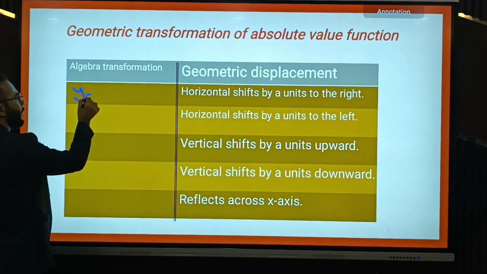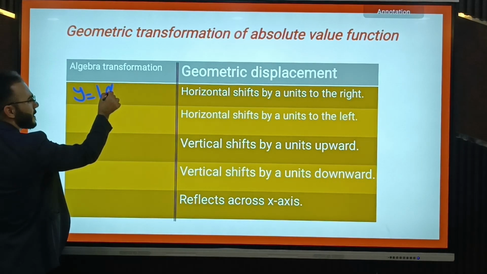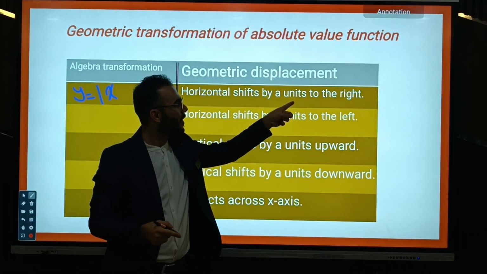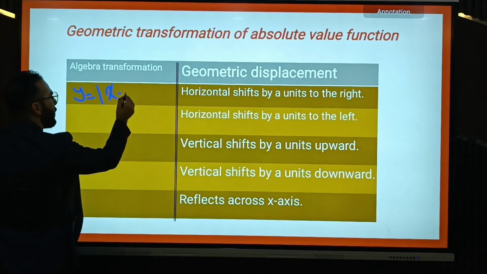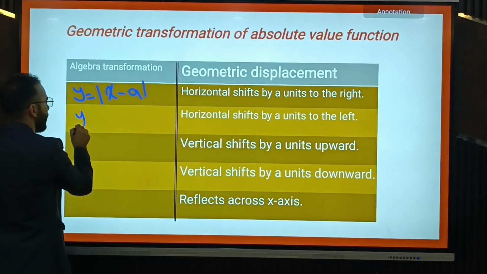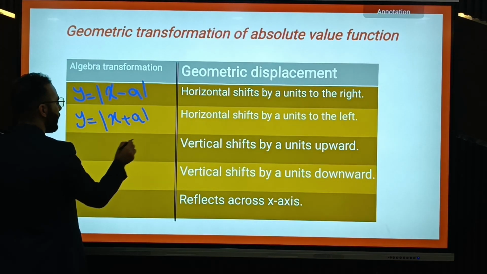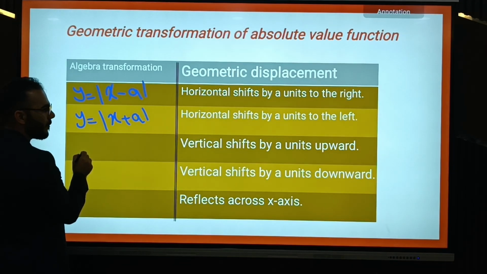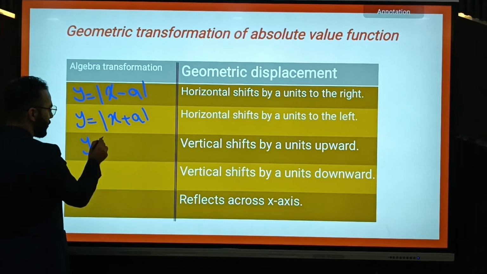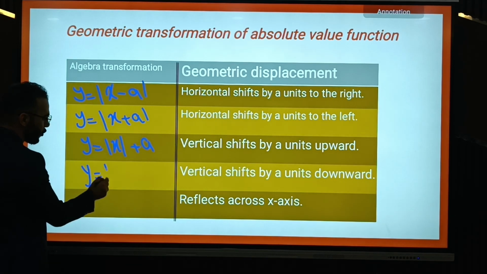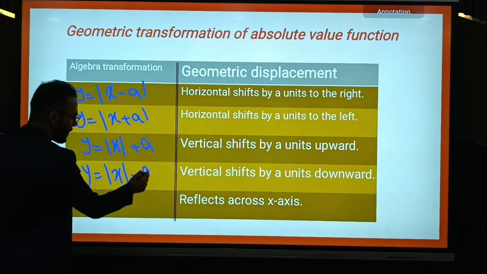y equal to absolute value of x. Look, horizontally shifted by a unit to the right: x minus a. Horizontally to the left: x plus a. Vertically by a units upward: absolute value of x plus a. Downward: absolute value of x minus a.